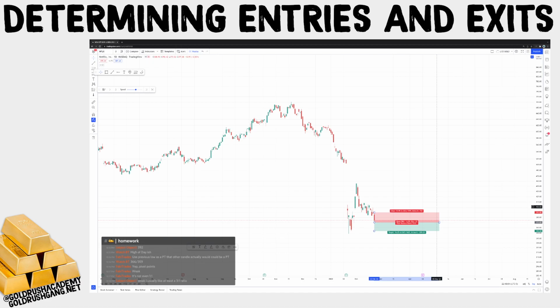Weak. I usually like at least 3-to-1. Gavin's on that, Sam. I need 3 to 1. Weak, says Spider. Fab says I like 2 to 1. So this current setup doesn't have the best risk reward right now, right?